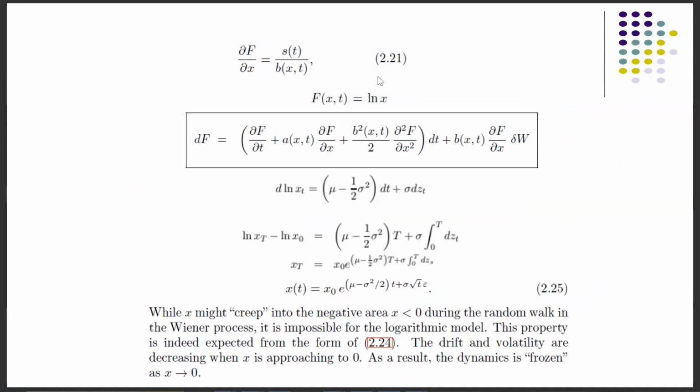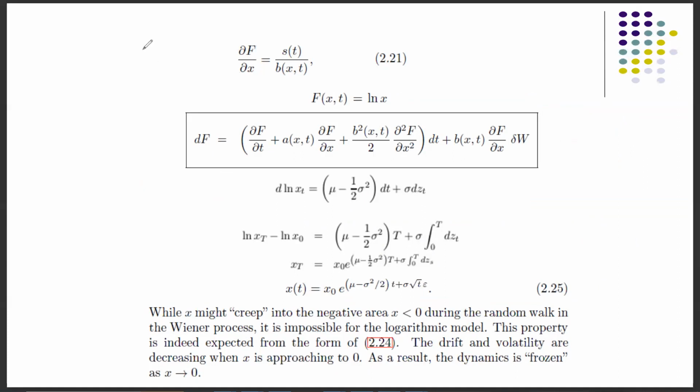And the equation 2.21 is that the derivative of f with respect to s equals s of t divided by b from x, t.